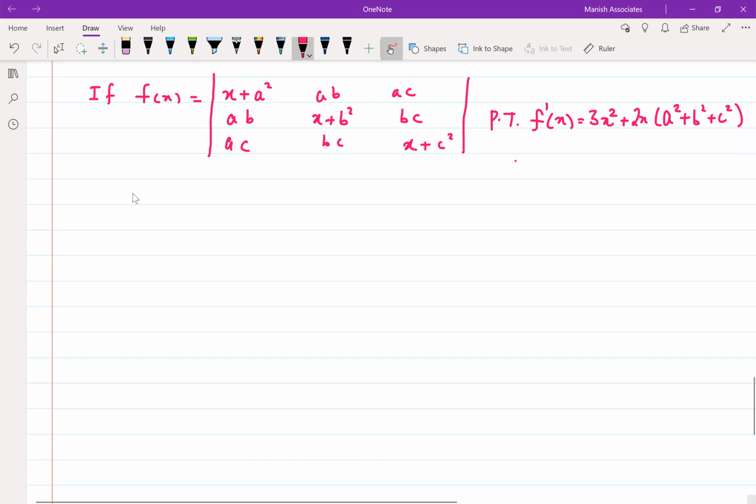Now let us see how to go about in this case. आपको करना क्या है मैं बताता हूं. When you start differentiation ना, see first I am just writing what is f of x.